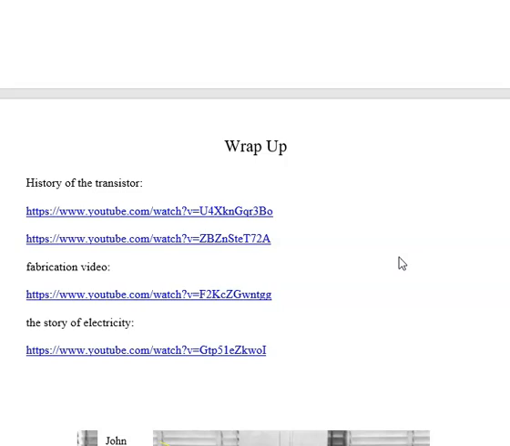These are non-technical. I've got lots of them, but I think these are the best of the best. They run anywhere from 30 to 45 minutes. 2 on the history of the transistor, 1 on the fabrication, a little bit more involved than we got into in our discussion of fabrication, and 1 on the history of electricity.